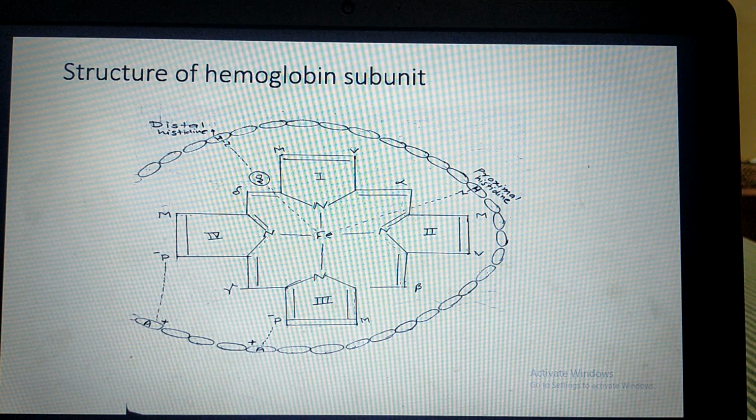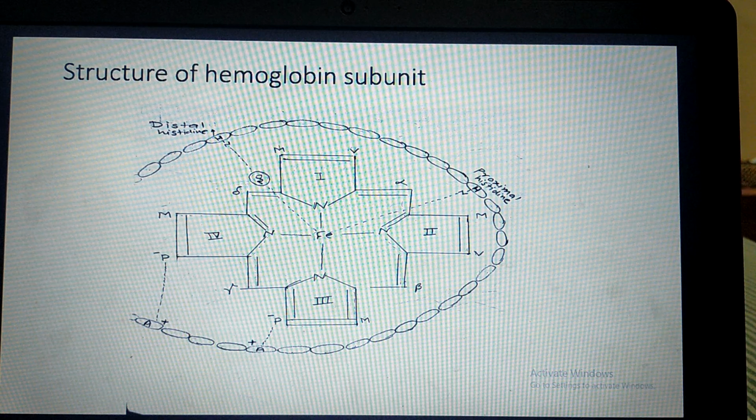Apart from these two bonds, there are the propionyl groups present on the 3rd and 4th pyrrole rings. I have told you that propionyl is a hydrophilic group. It loses the hydrogen atom, gives H plus ion, and gets a negative charge. Now this negative charge forms electrostatic bonds with a basic amino acid present in the globin chain, which has positive charge.